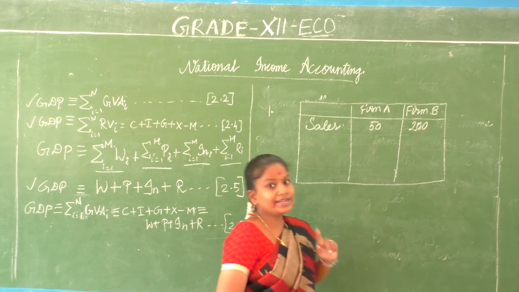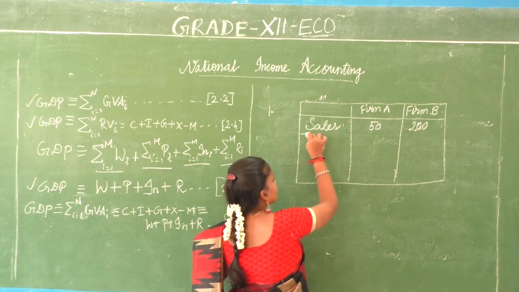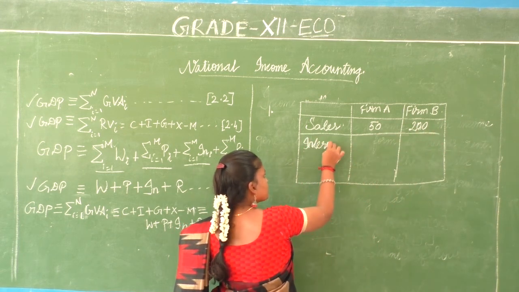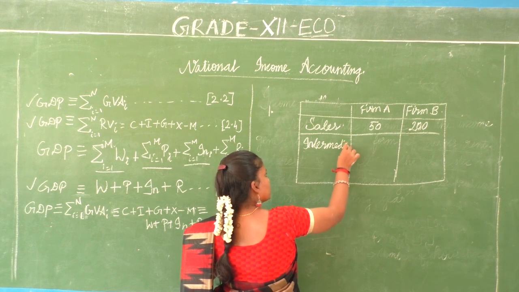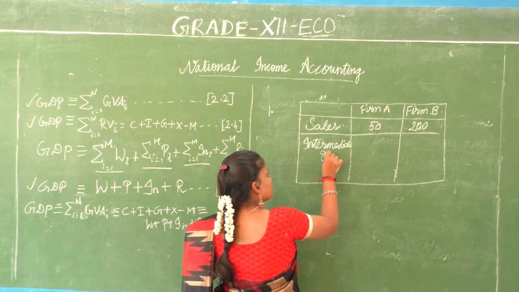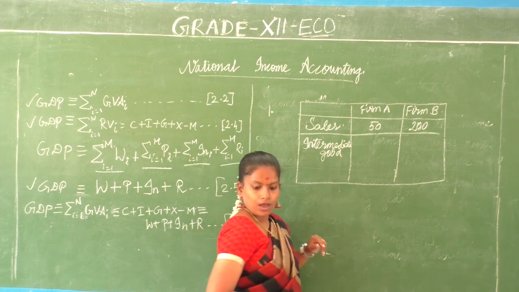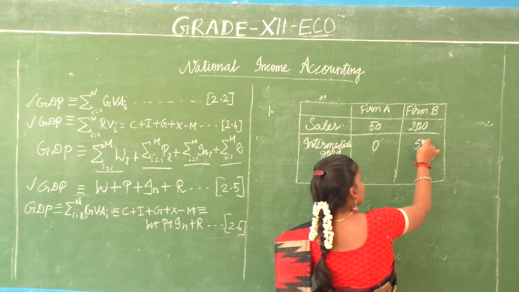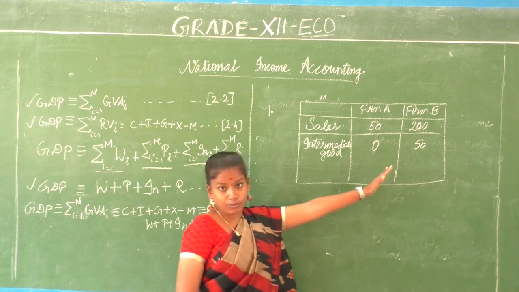What do we have to do? Intermediate goods we have to see, right? Intermediate goods. Did firm A use anything? No, they didn't use any intermediate. But here firm B has used 50 rupees worth; that only they have bought, right?